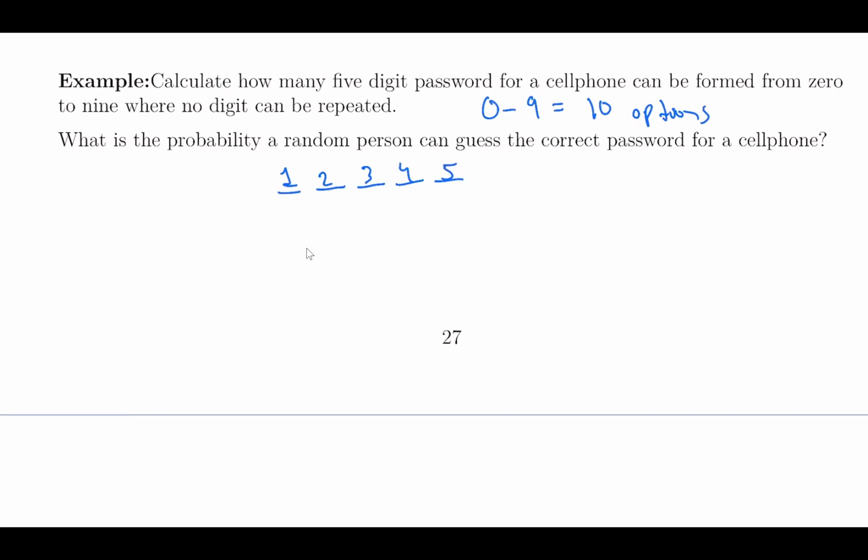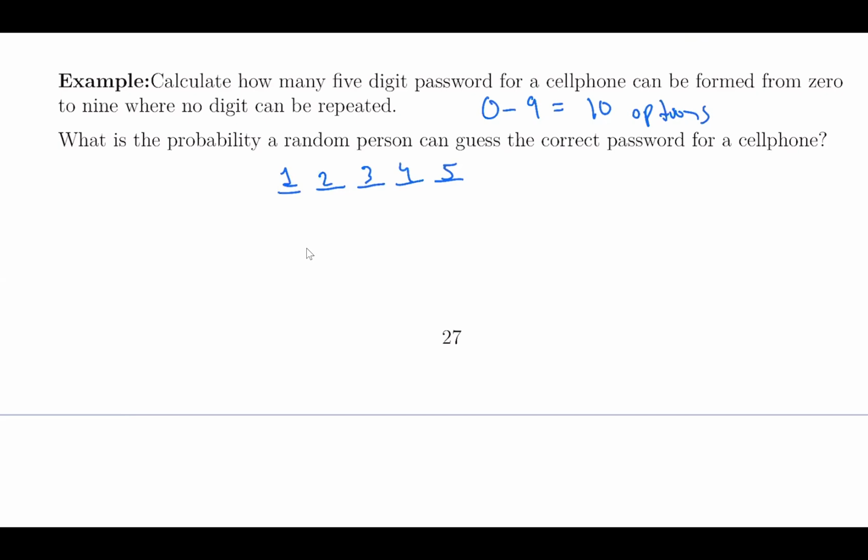So you have 10 options. All right. So if you look at the last thing, it says where no digit can be repeated. So it's pretty much telling us we're doing this without replacement, because once I choose this number, I can't choose this number again to be part of my password. So say if I choose 5, that means I can't choose 5 anymore because I already chose it, and it's saying we're doing it without repetition.